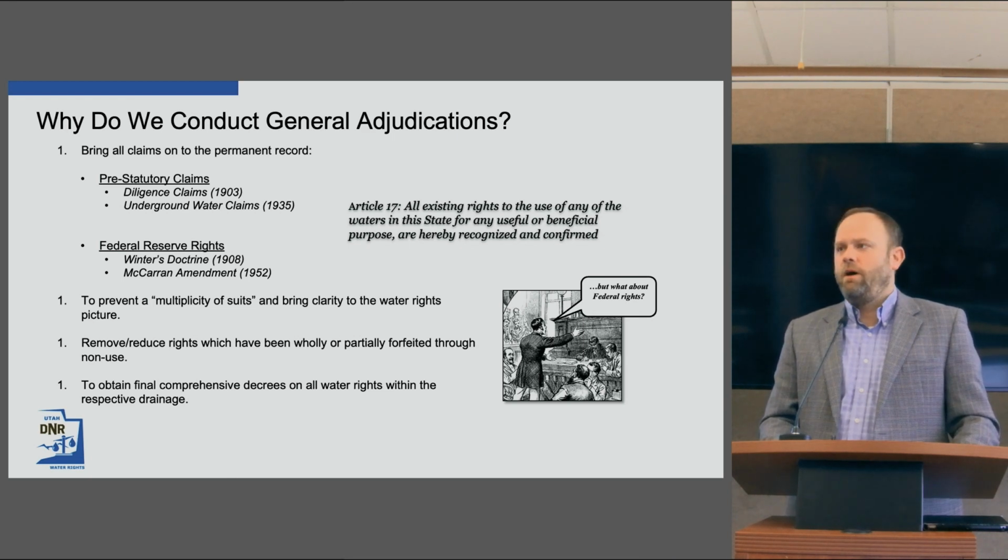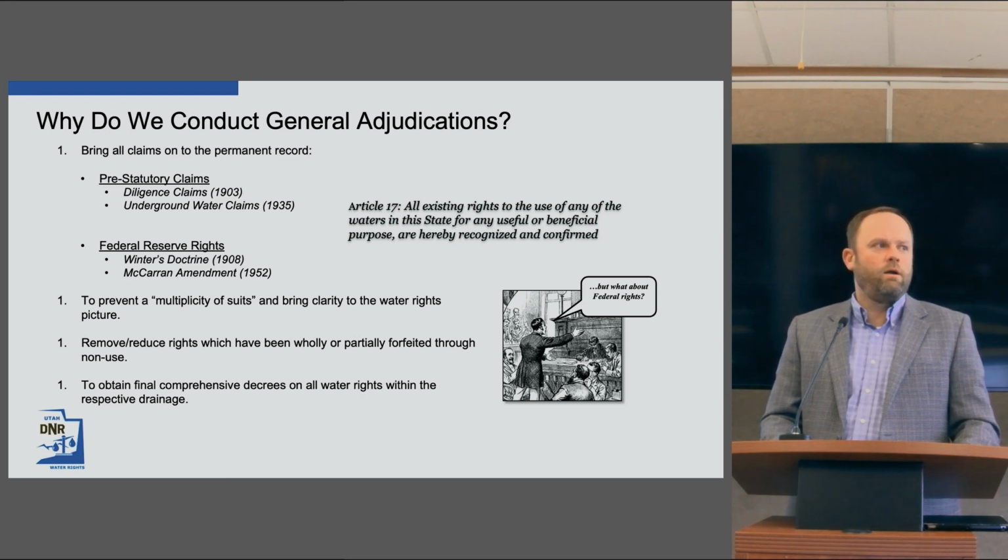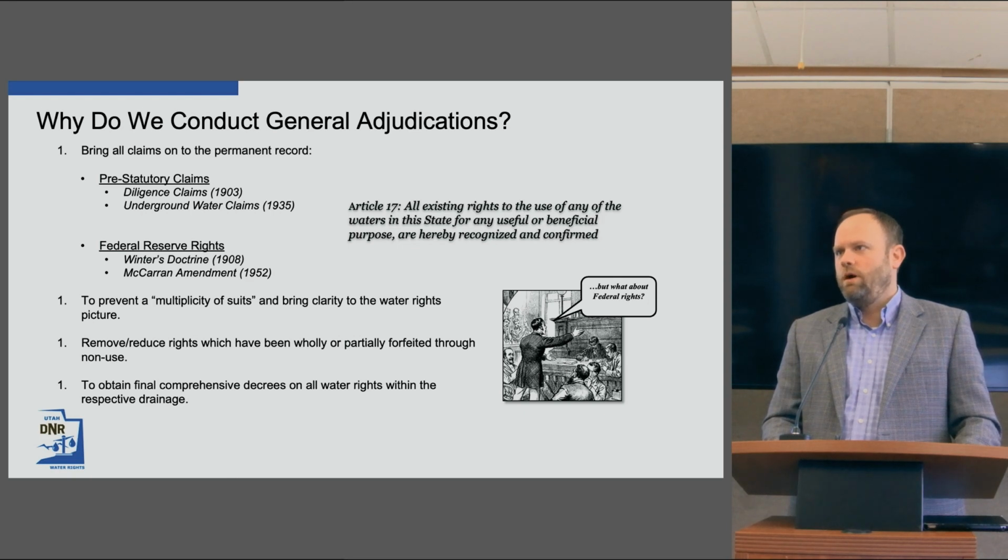It was defined by what's called the Winters Doctrine, which is derived from a U.S. Supreme Court decision in 1908. The gist of that decision is that when the federal government reserves land from the public domain for a specific purpose, they also reserve sufficient water for the purpose of that reservation. The topic at hand in the Winters Doctrine was Native American reservations.